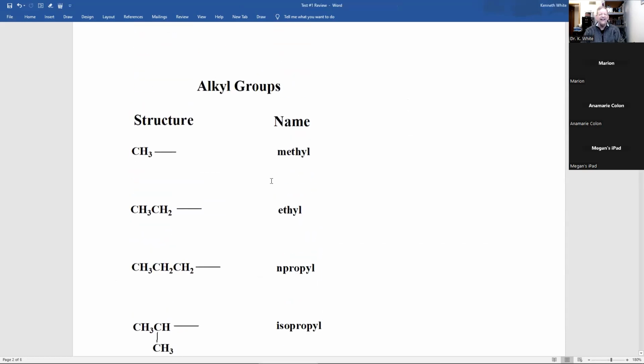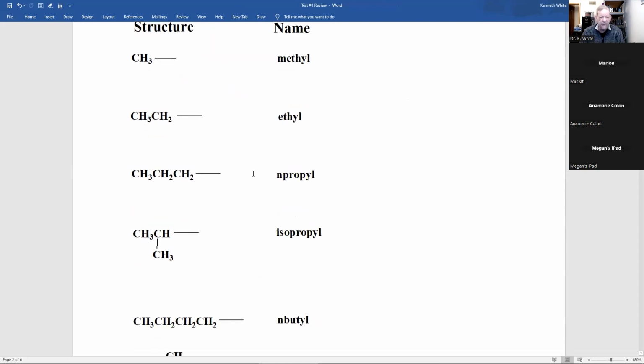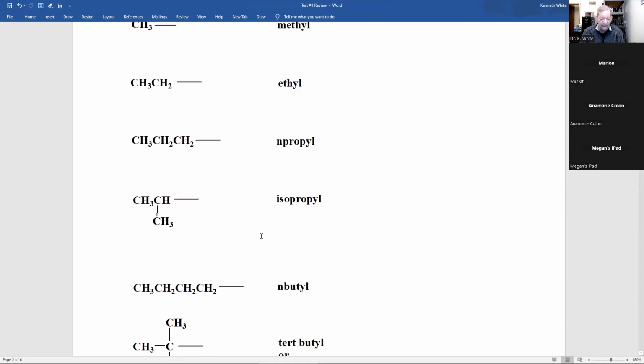Next, there are key alkyl groups called substituents. And I only teach a couple of the main ones. When there's a CH3 on a ring or a straight chain, that's called methyl. 2 carbons, ethyl. 3 carbons to the end carbon, n-propyl. 3 carbons to the center carbon to a ring or a chain, isopropyl.